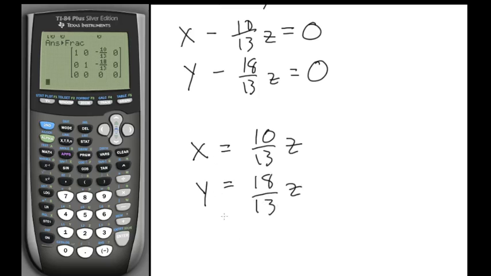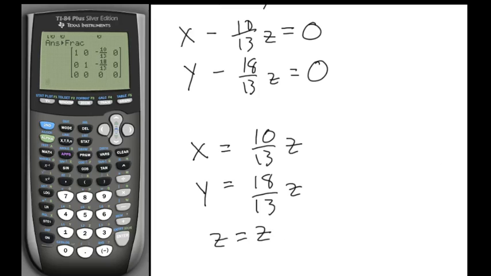We don't have a third equation, but we know that z equals z, because that's obvious. Now we have everything in terms of z: x equals something times z, y equals something times z, and z equals something times z.